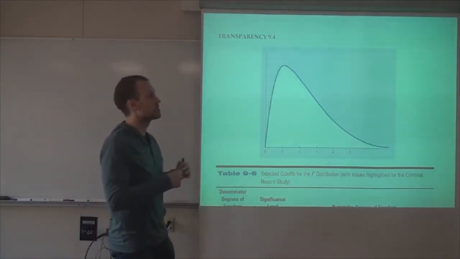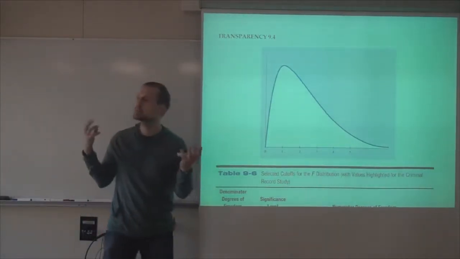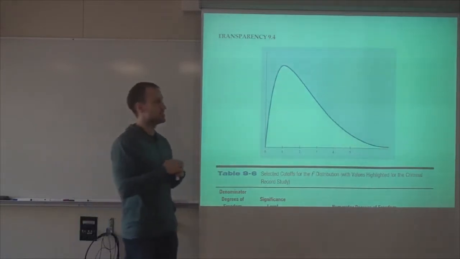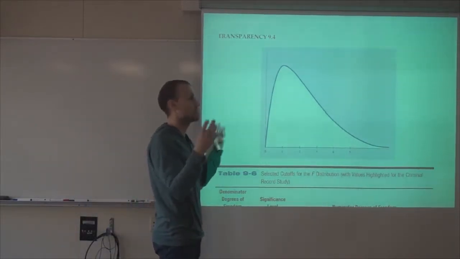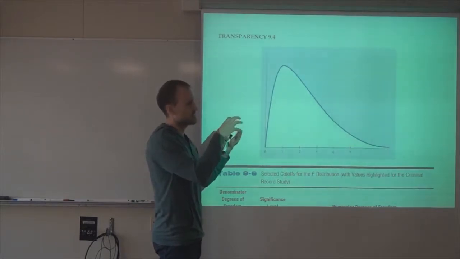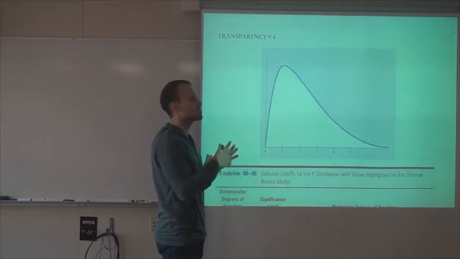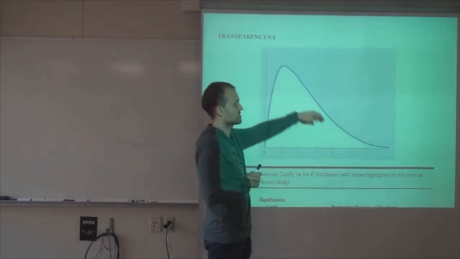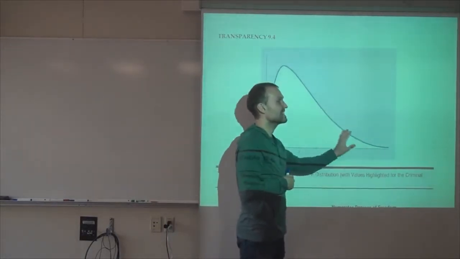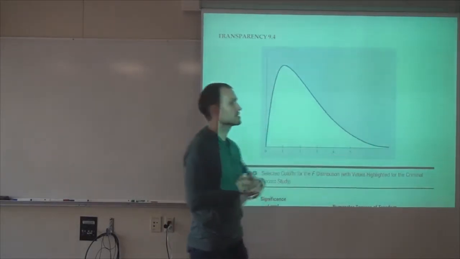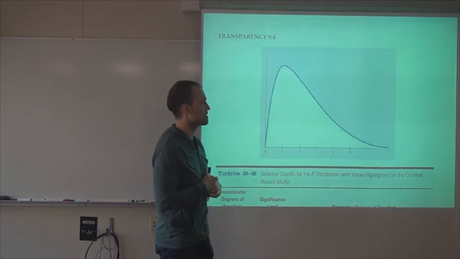So if I were to have many samples of whatever size, whatever the size involved is, if I have many samples from my populations and I look at those two variance calculations in the ratio, all possible ratios are distributed like this. So it's going to be less and less likely to get large ratios far away from 1.